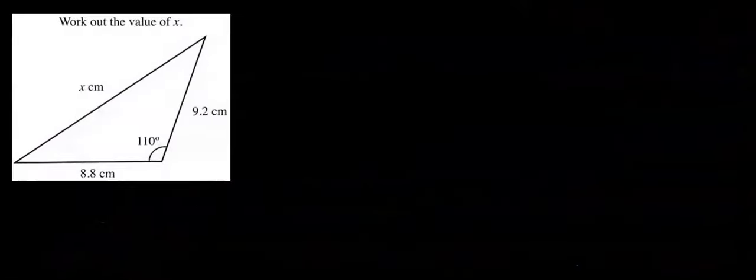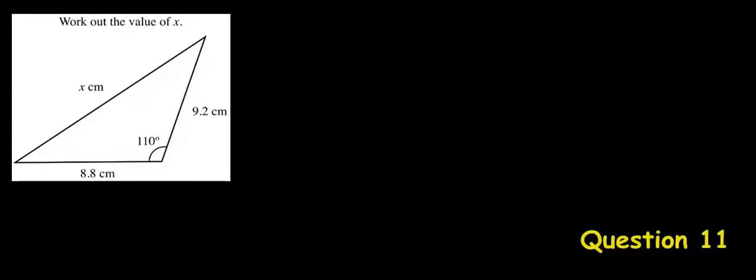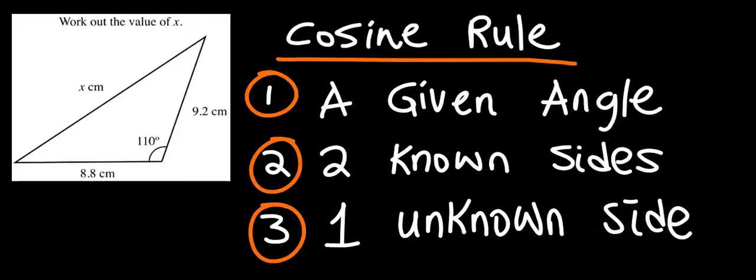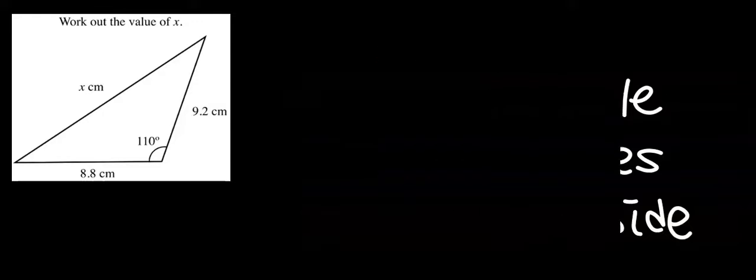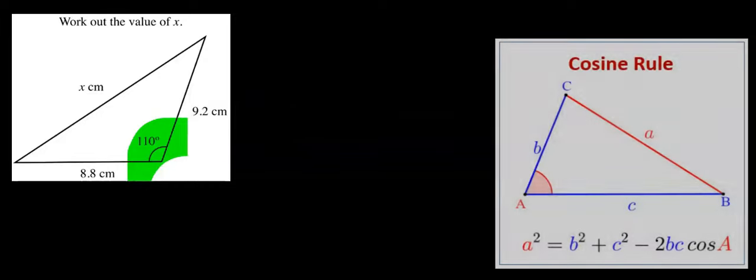In another instance, where you can apply the cosine rule, you apply the cosine rule when you have a given angle, 2 known sides, and 1 unknown side. The first step is to identify the position of the angle, whether you're given the angle or not.